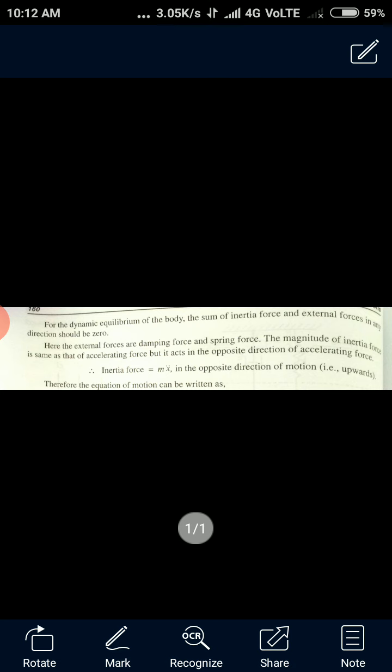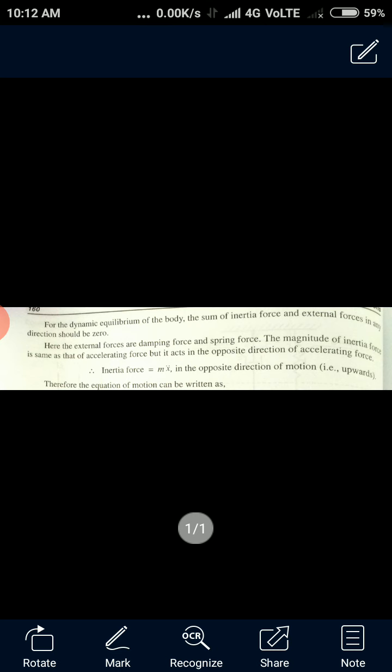Now for the dynamic equilibrium of the body, the sum of the inertia force and external forces in any direction should be 0. What are the external forces here? The external forces are the damping force and the spring force. So the sum of these two and the inertia force is equal to 0.